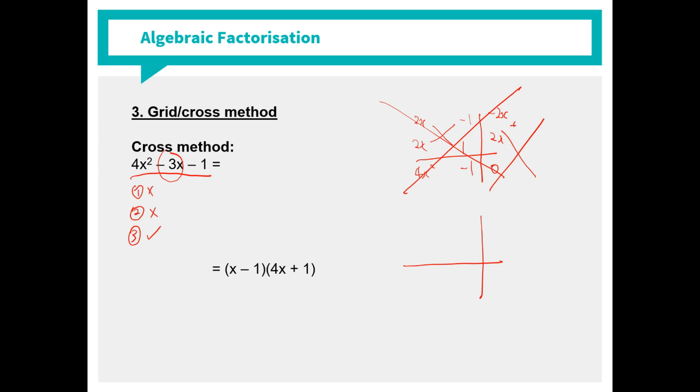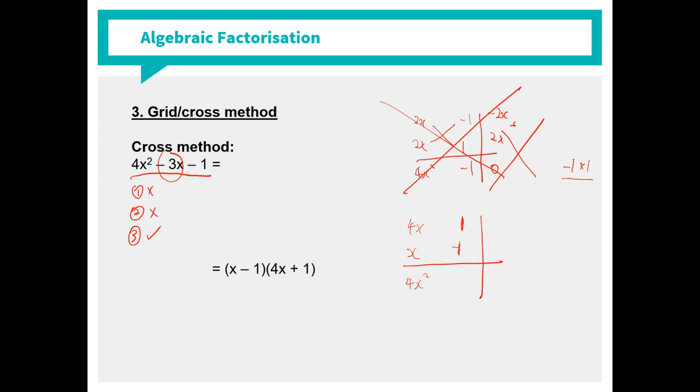Since 2x and 2x doesn't work, let's try using 4x and x. Again, negative 1 times 1 is the only way you get negative 1, but it matters where you put the negative 1. Let's try putting 1 first, then negative 1. x times 4x gives 4x squared, which is correct.